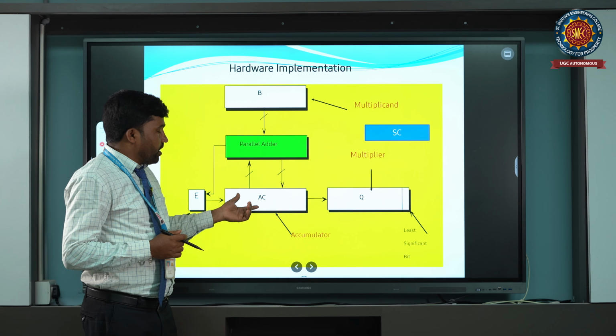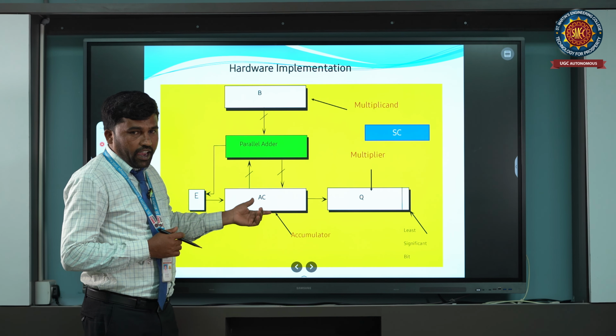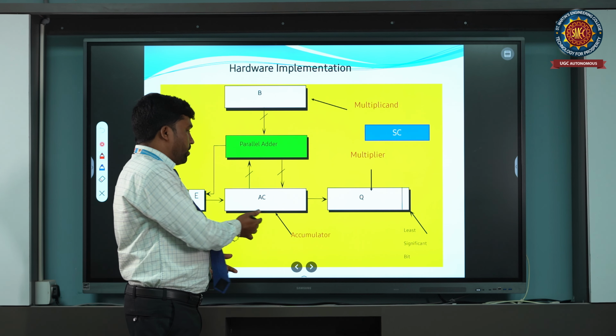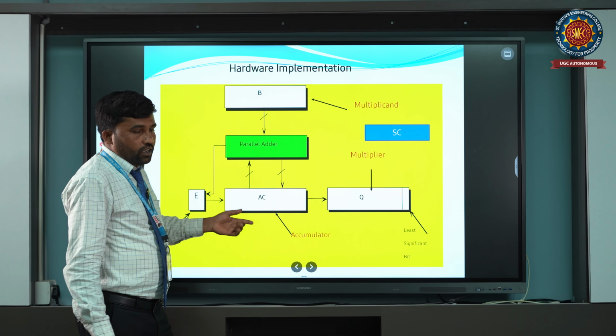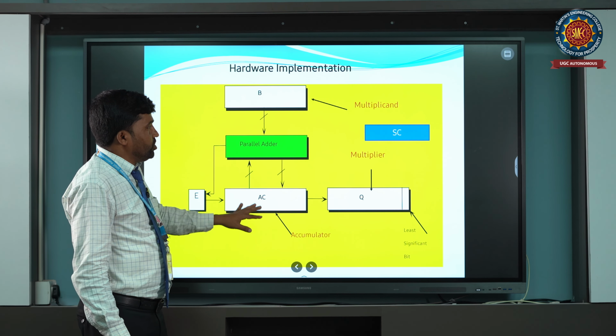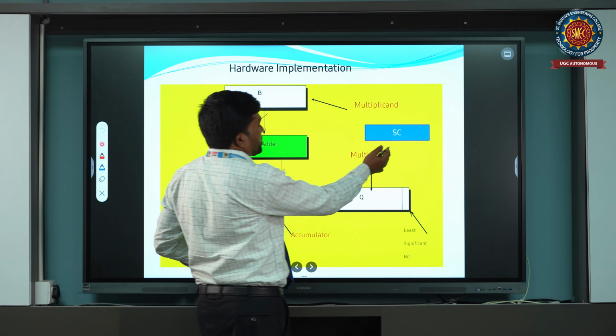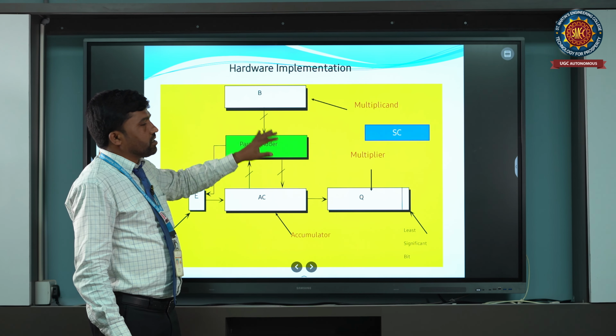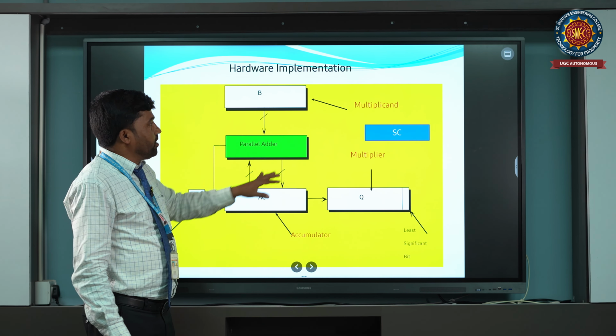Here we have taken one more register, the AC accumulator. It is a general purpose register. We use the accumulator register for output, and at the initial stage it is always 0. The sequence counter sequentially processes the bits flowing through the registers.